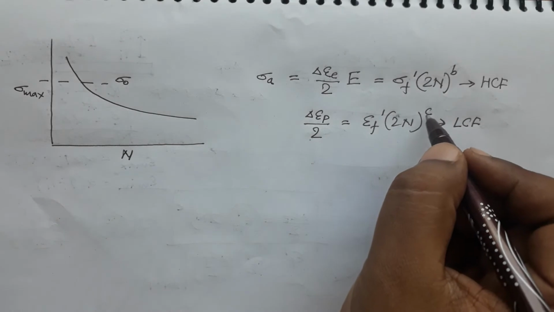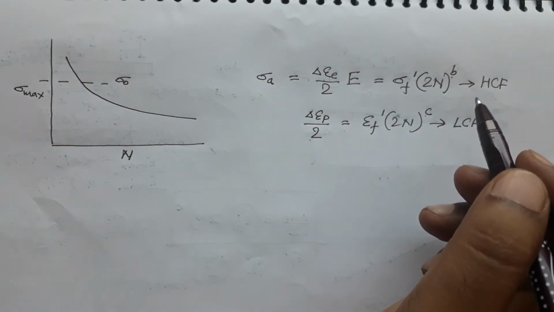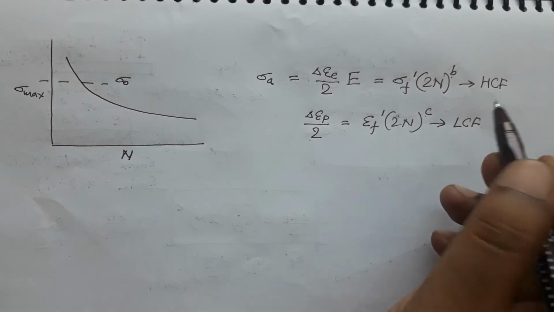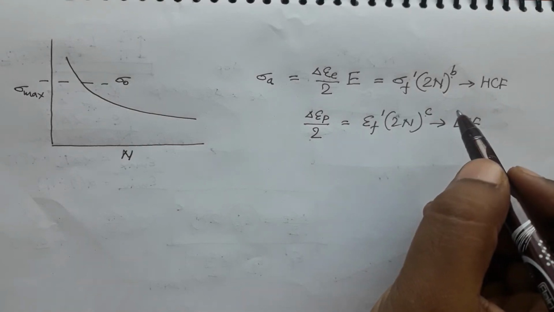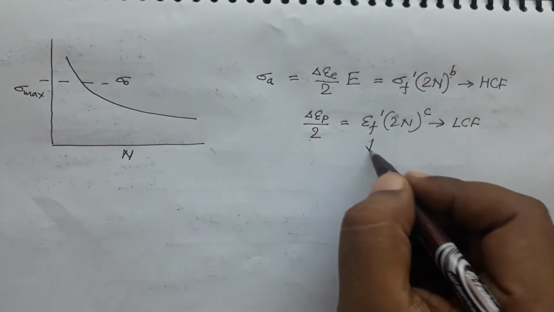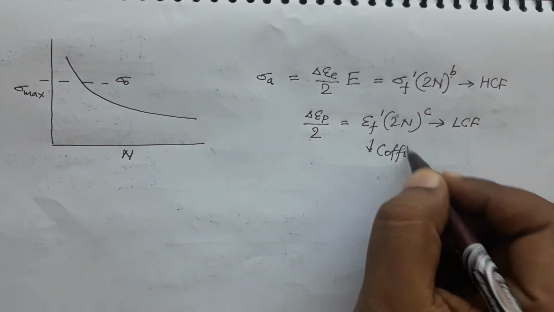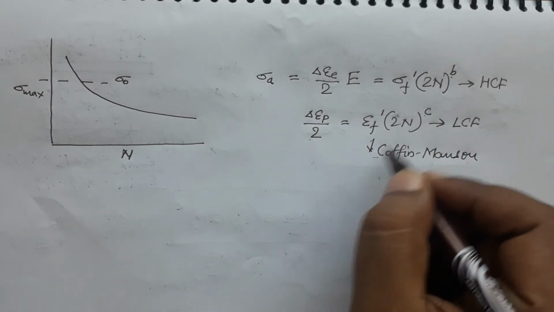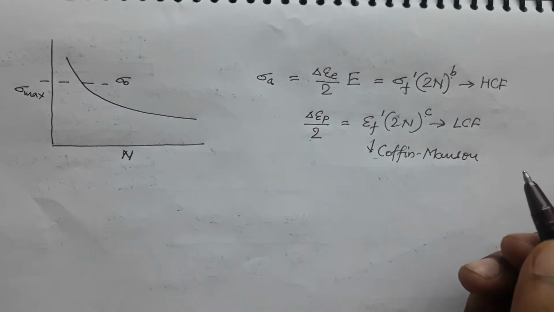The powers c and b do not have any special meaning, but it is so because the low cycle equation was given by Coffin-Manson, and so the c there somehow resembles Coffin.